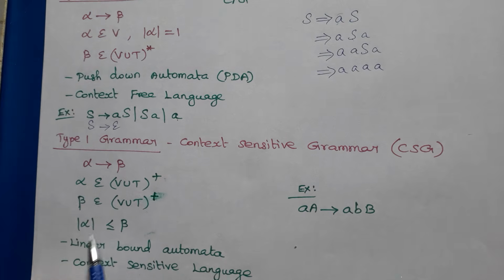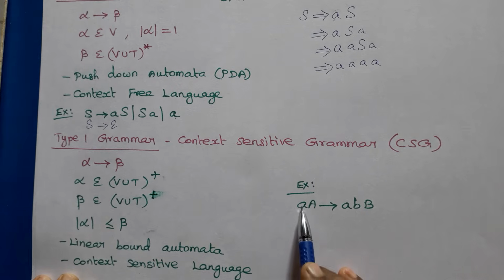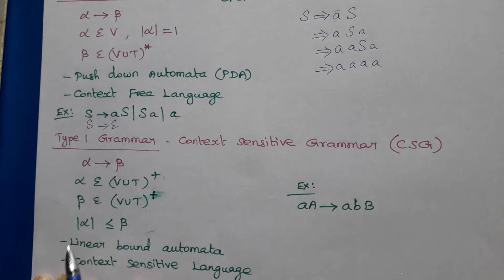But here the restriction is that the length of alpha must be less than or equal to the length of beta. For example, AA tends to ABB. So here the length of alpha is 2, the length of beta is 3. Always the length of alpha should be less than or equal to the length of beta.